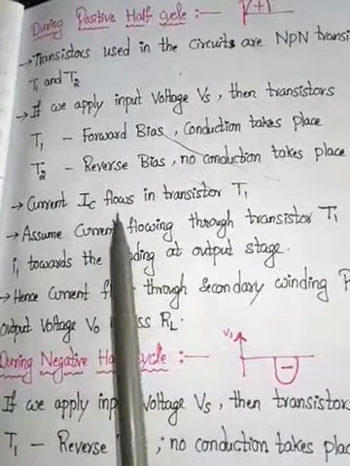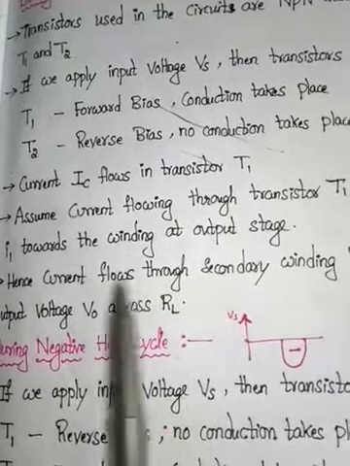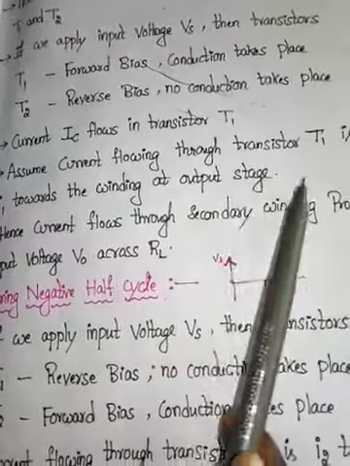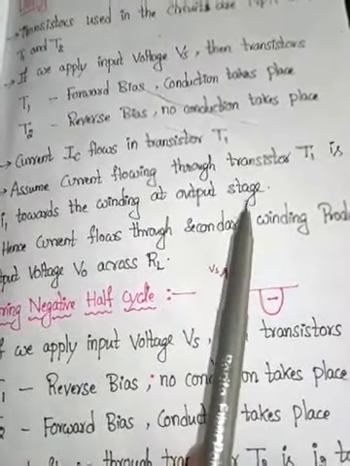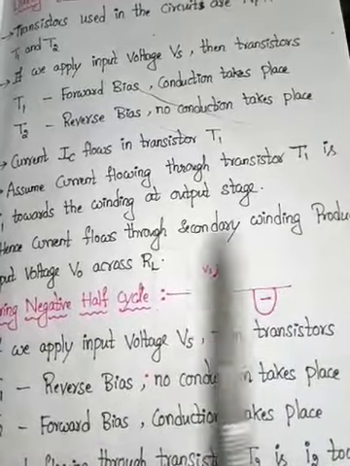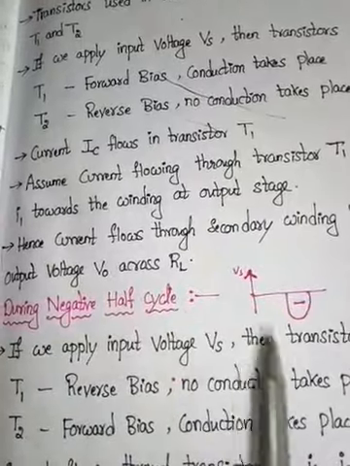The current flows only across the transistor T1. We assume the current I1 flows across the transistor T1 at the output stage. Hence the current flowing through the secondary winding produces the output voltage V0 across RL.